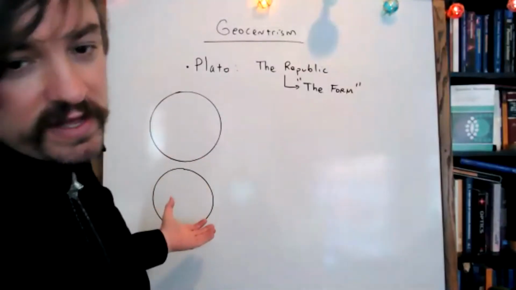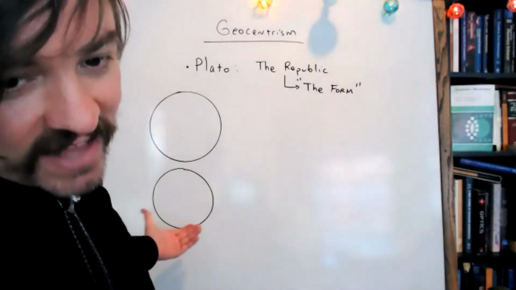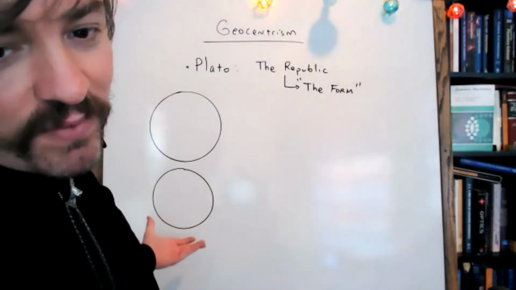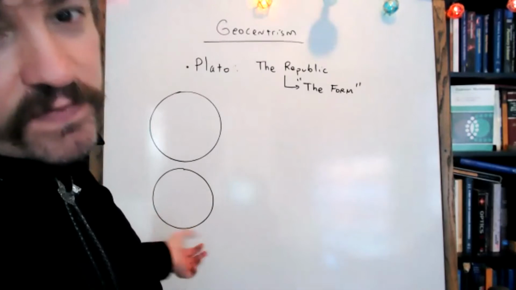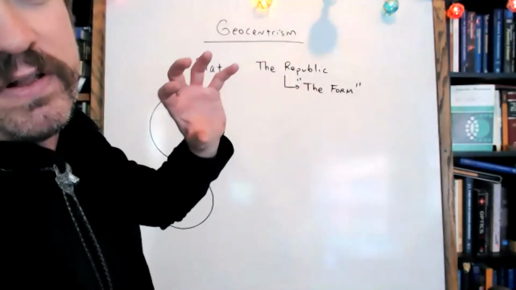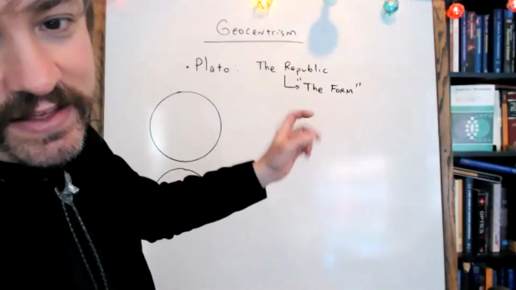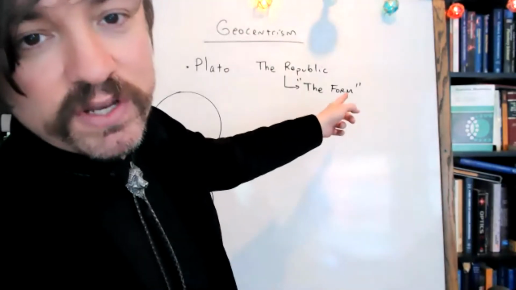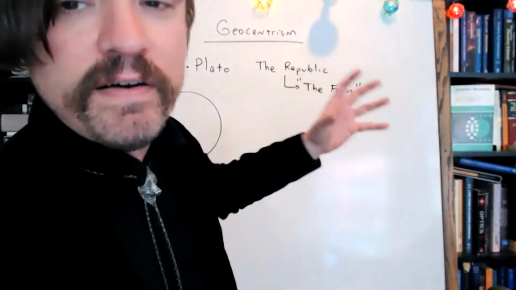But the thing that we were all considering when I drew this circle is not the actual lumpy bad circle that you see here, but everyone kind of intuitively knows that I'm referring to a perfect circle, an abstract idealized circle. This is what Plato would call the form of the circle.